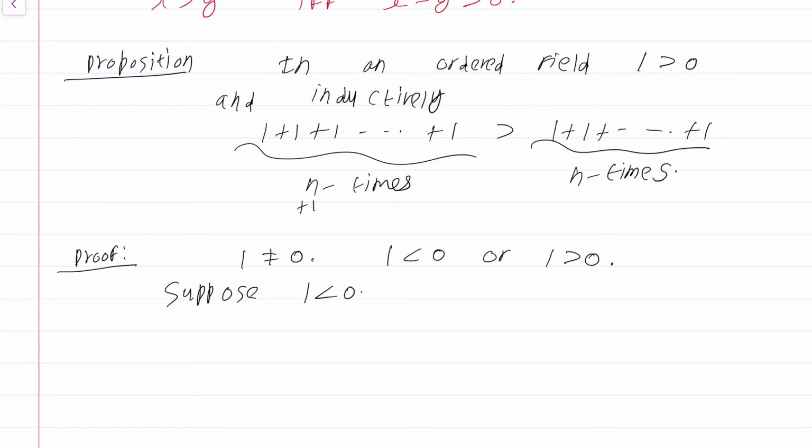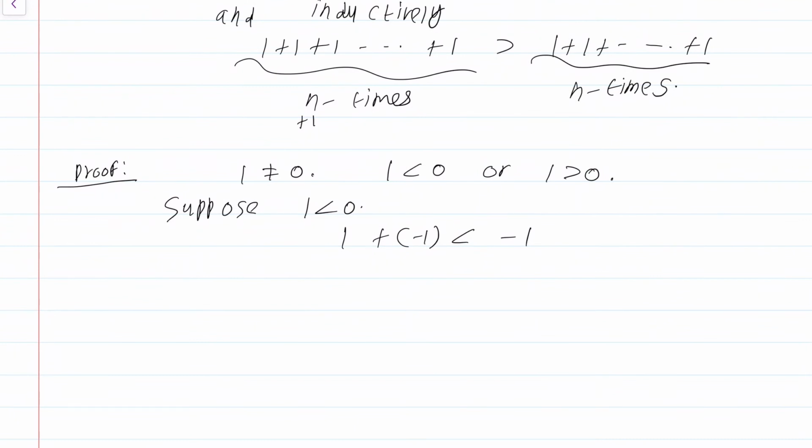Then I can add -1 to both sides by one of the field axioms, the behavior under addition, and conclude that 1 plus -1 is less than -1. Okay, which in turn gives that 0 is less than -1, because 1 plus -1 is just 0.